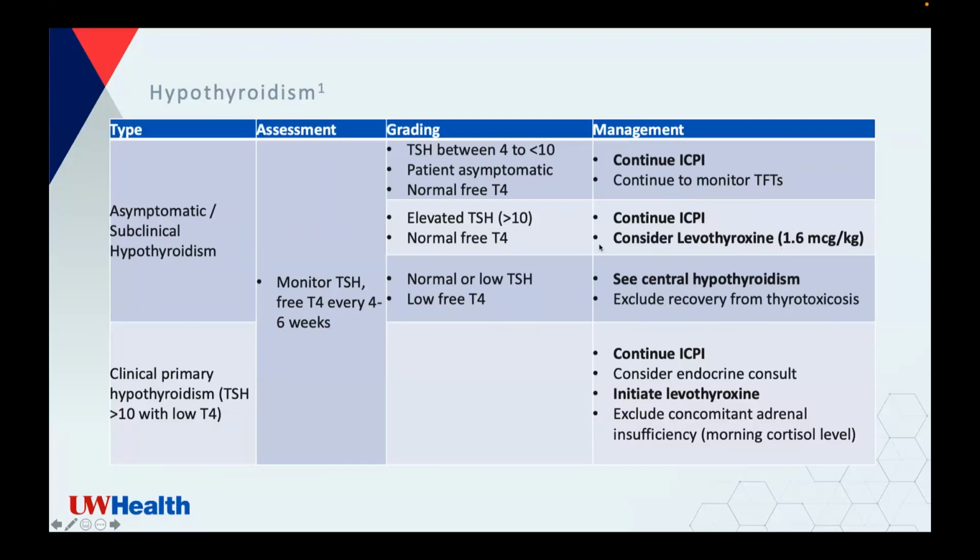And then depending on the patient factors is where we'll start that or not. And then with normal or low TSH with low T4, we're going to treat that per our central hypothyroidism, which we'll discuss shortly. And then for clinical primary hypothyroidism, we're continuing ICPI and then initiating levothyroxine. So really approaching this, we're continuing ICPI therapy and then treating with levothyroxine as needed.